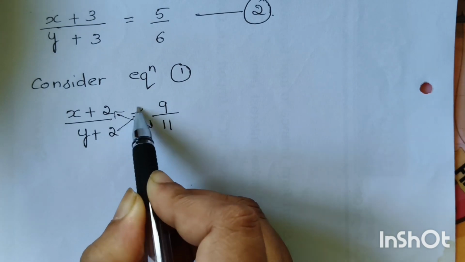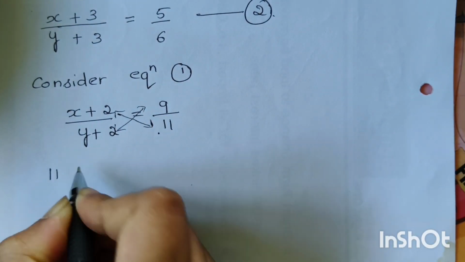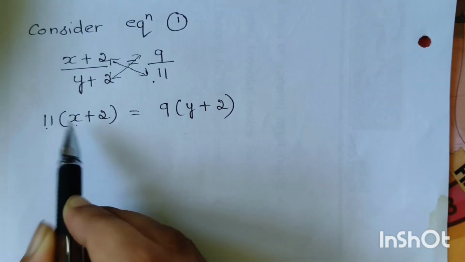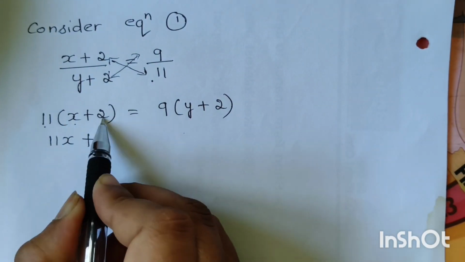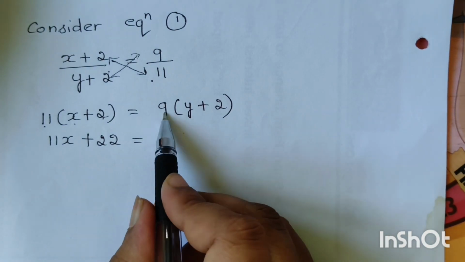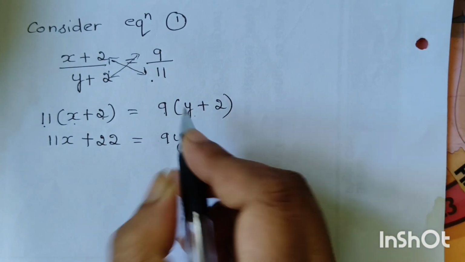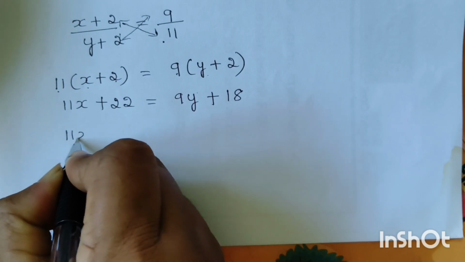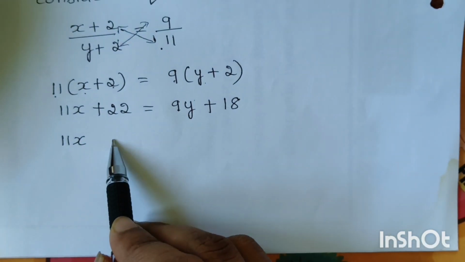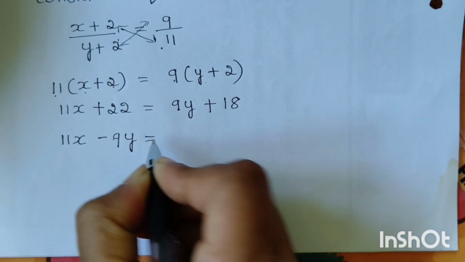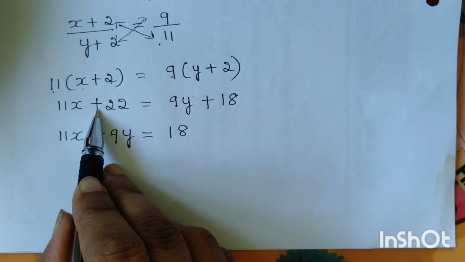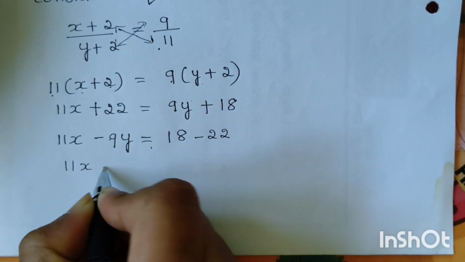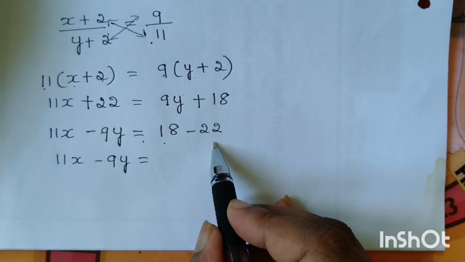First, let us cross multiply this, that is 11 into (x + 2) is equal to 9 into (y + 2). 11 into x is 11x, plus 11 into 2 is 22, is equal to 9 into y is 9y, plus 9 2s are 18. 11x, plus 9y, when it crosses this side, it becomes minus 9y, plus 18, plus 22, when it crosses the equal sign, it becomes minus 22. 11x minus 9y plus 18 minus 22, means what we have to do?